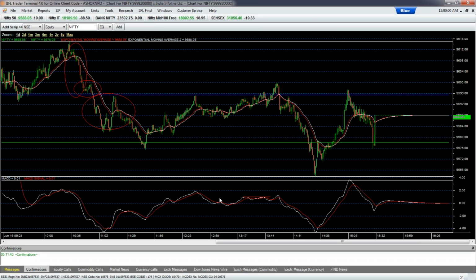So over here, this was a lower high. However, this was a higher high, though the market went lower over here than this particular one. So the momentum is dying, is what MACD is suggesting.